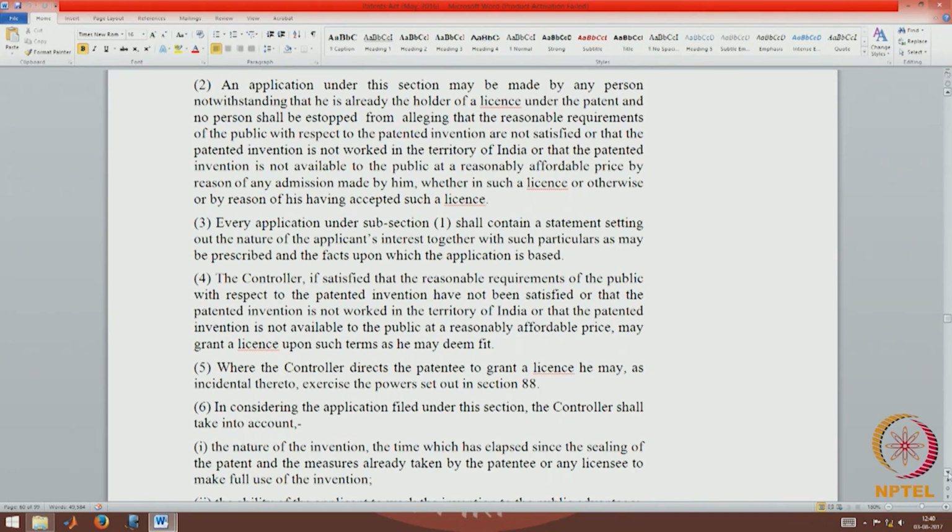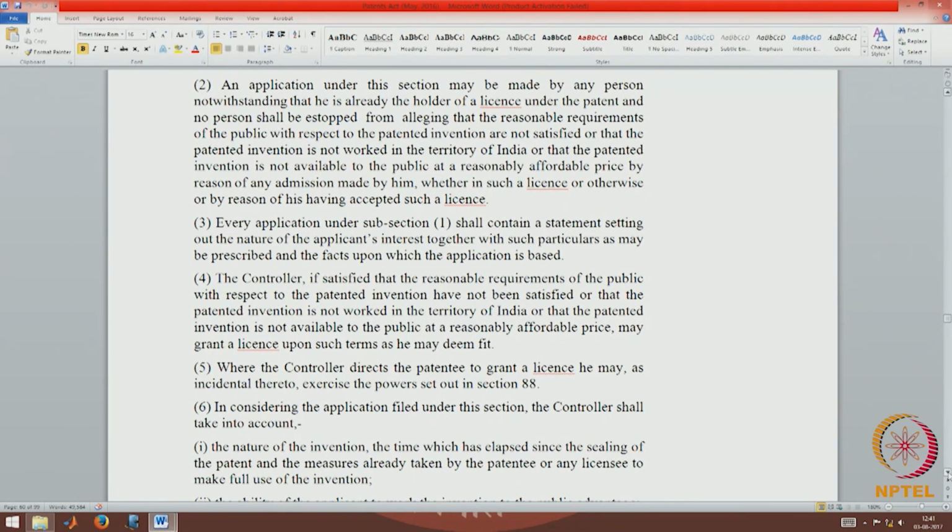And the 3 grounds, that it does not satisfy the reasonable requirement of the public, that it is not available at an affordable price and that the patent is not being worked within the territory of India, you could raise those very grounds even if you had admitted otherwise in a license or in any other form.